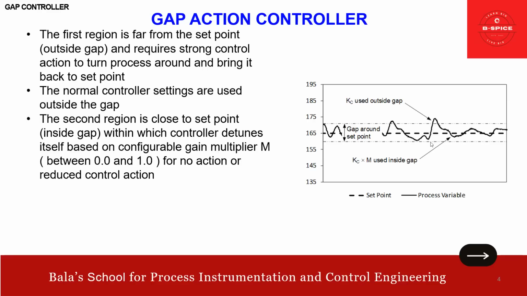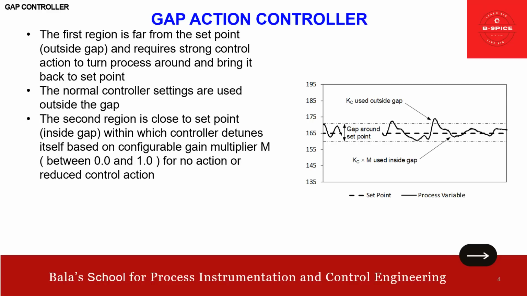Now the second region you can see here is close to the set point, inside this gap, within which the controller detunes itself based on a configurable gain multiplier M, usually between 0 and 1. What for? For no action or reduced control action.